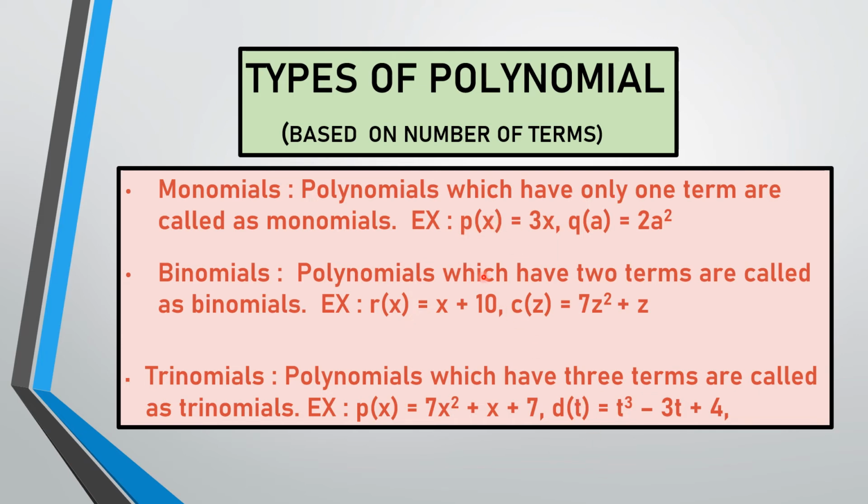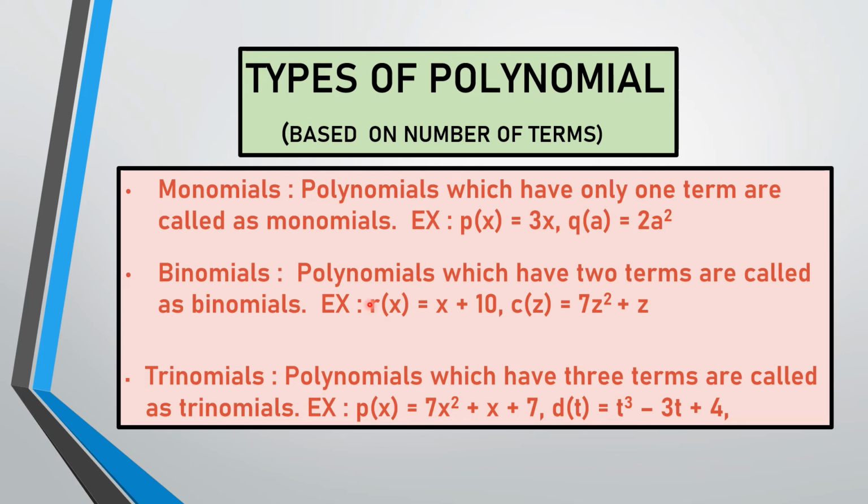We can write the polynomial as a function of x. P of x means nothing but a function in terms of x. Polynomials which have only one term are called monomials. P of x is equal to 3x. So here there is only one term in this polynomial. Again, q of a is equal to 2a square. There is only one term in this polynomial.